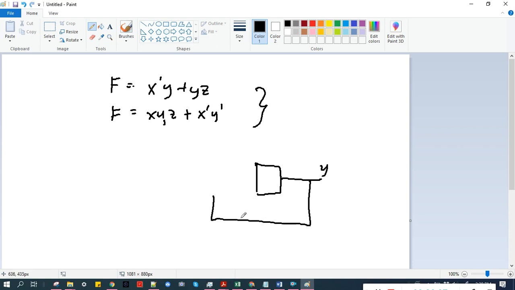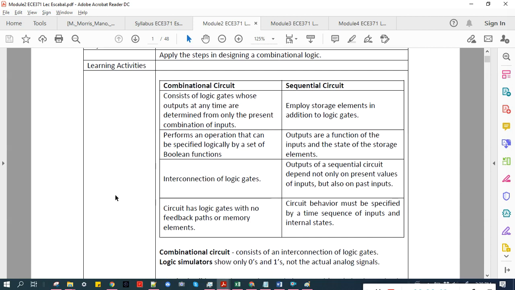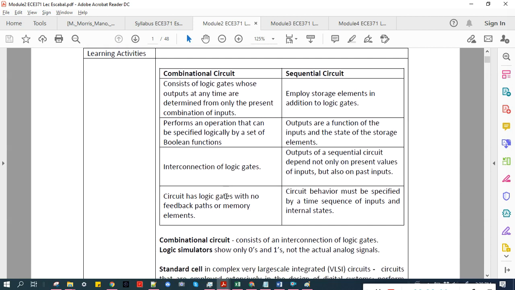Aside from the storage elements, we also have a feedback path for the sequential. The combinational circuit has logic gates with no feedback paths or memory elements.